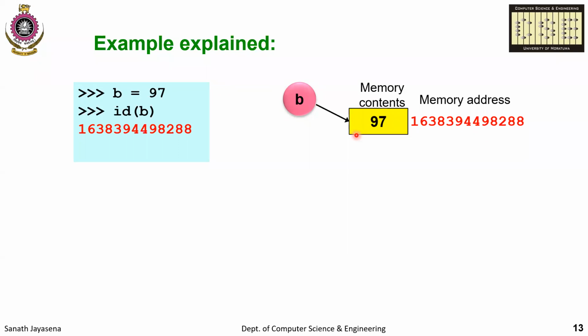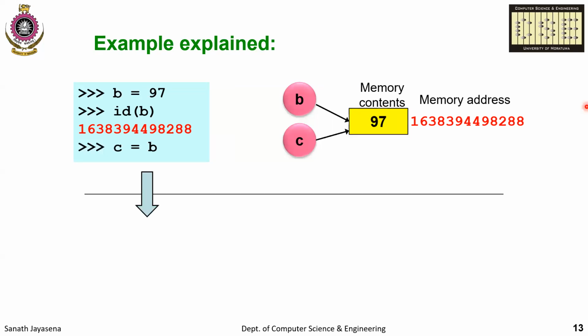B is a name, or we say a reference, to that object. When you say B equals 97, that's what it means. Now, when I say C equals B, we give that same object another name. So C also refers to the same thing. That is why when you check the identity of C and B, they are both the same, because they both refer to the same single object.